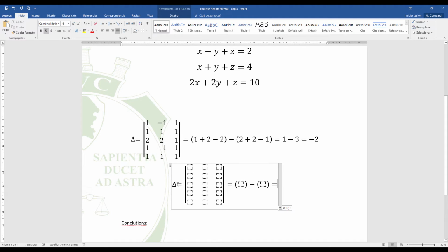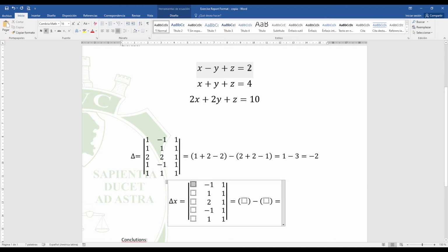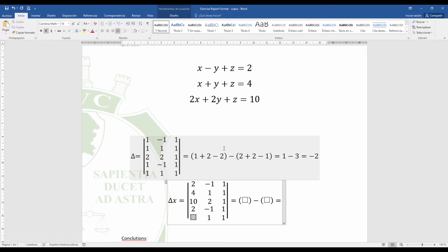Now we will use the values for delta x. Here you use the values of the other side of the equation, in that case 2, 4, 10, 2, and 4 again.